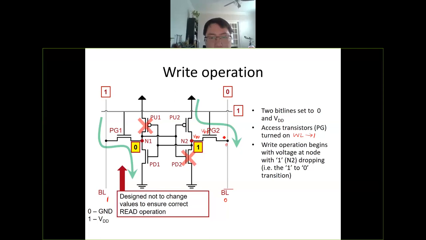So this transistor PG2 is on. You have current flow through the PG2. This current must come from the power supply VDD, so you have this green arrow. So this one is going to discharge this N2 node. Initially it is VDD, and then later this VDD will decrease.